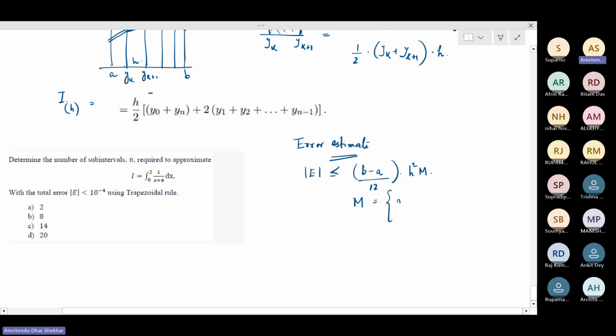M is basically the max value of this integrand.